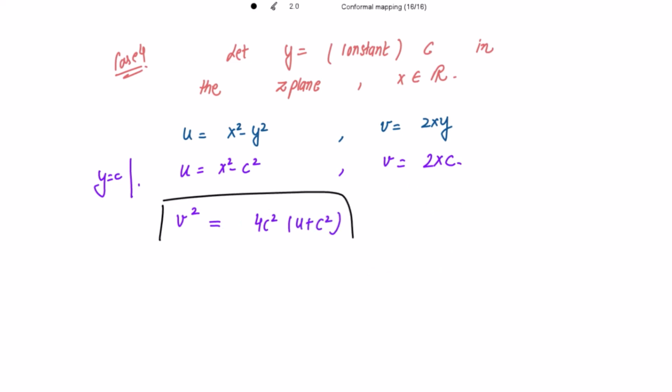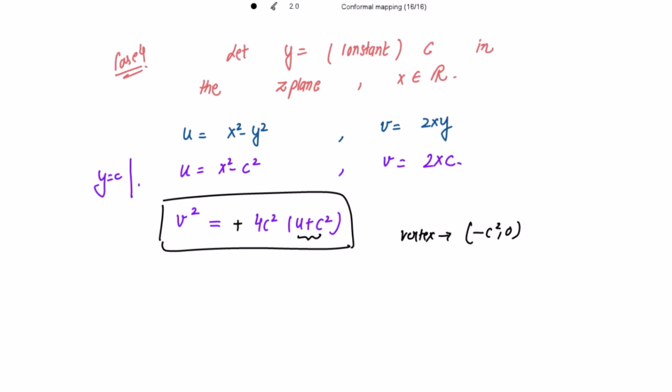So what does this equation represent now? This is again the equation of the parabola, with vertex, here we are having u plus c square, so the vertex becomes negative c square comma 0. And this equation of parabola is having u axis in the positive direction because we are having positive sign over here.